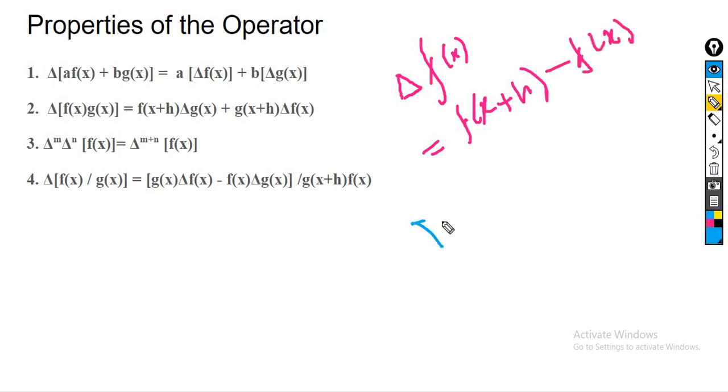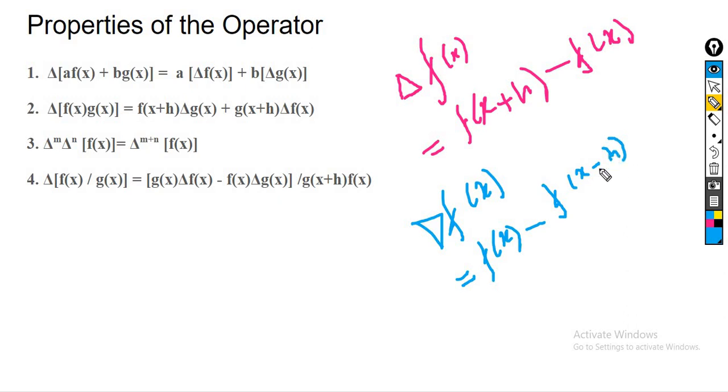But if you have nabla of f(x), the same thing will be in the reverse order, because this will be f(x) minus f(x minus h). You can think about an axis where you have the x value here, x plus h here, and somewhere here x minus h. When you have forward difference, you consider this minus this, and the backward is x minus this one.